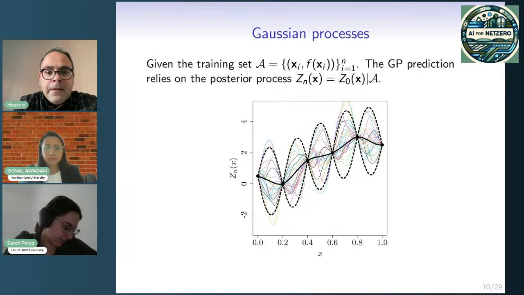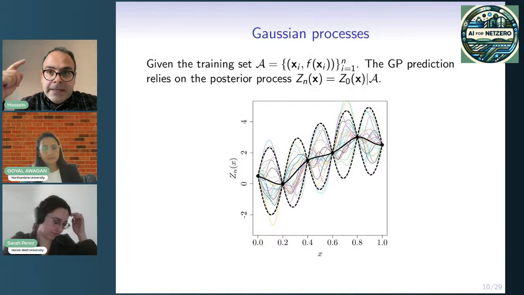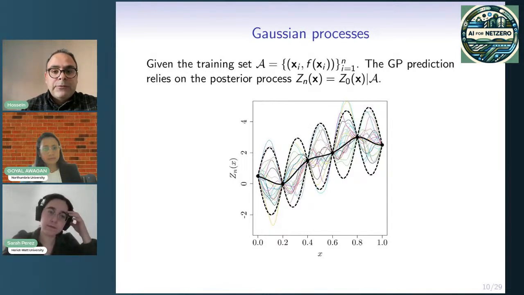Next slide. To do prediction with a Gaussian process, we need a training set denoted by A, and it consists of n pairs xi and f of xi, i from 1 to n. The xi are obtained based on a design strategy, and then we evaluate our model at those locations, and we obtain this training set. The GP prediction follows Bayes' rule to obtain the posterior distribution of the function.